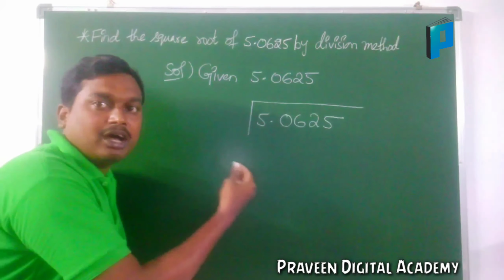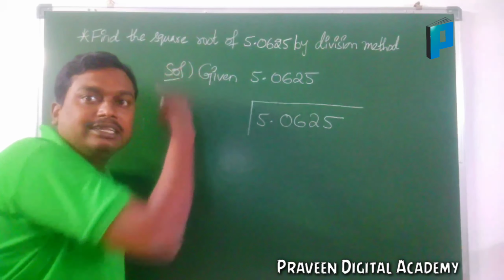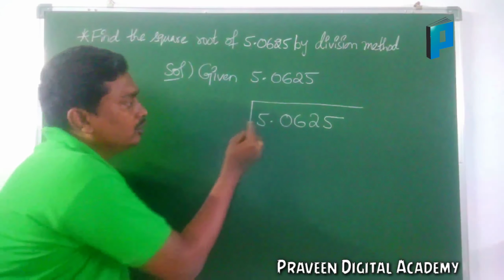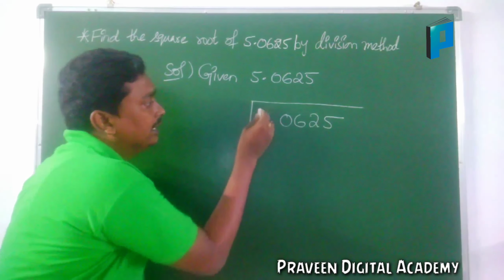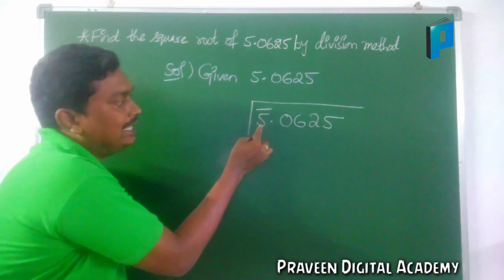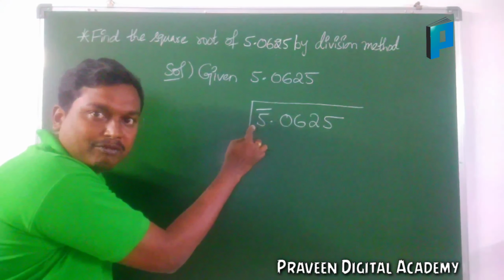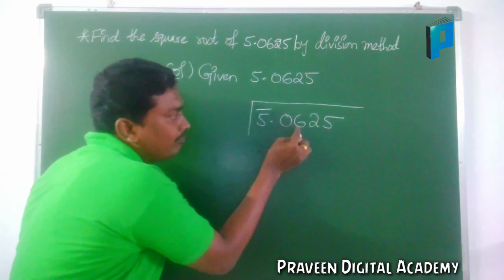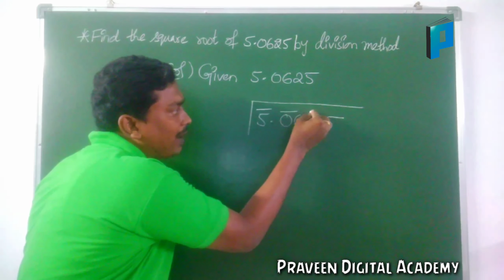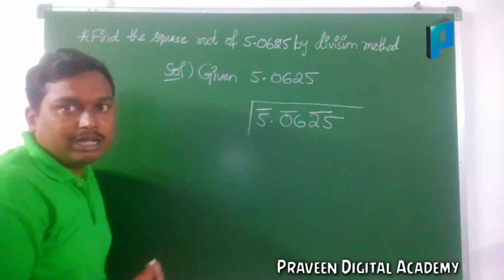Why do we keep a bar for two numbers? Because it is a square root. Here 5 has only one number before the point, so I keep a bar for 5, and after the point keep a bar for every two numbers.